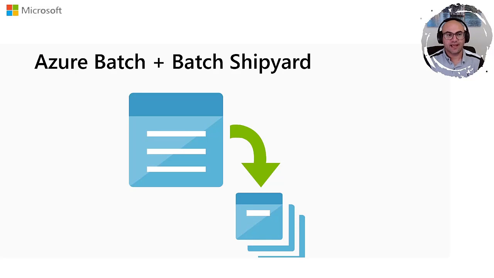Our next service is Azure Batch and Batch Shipyard. Azure Batch, as you might know, is a service which lets you run long-running tasks or batch jobs on dedicated compute resources. Batch Shipyard is an add-on on top of Azure Batch which allows you to run your workloads inside a container.